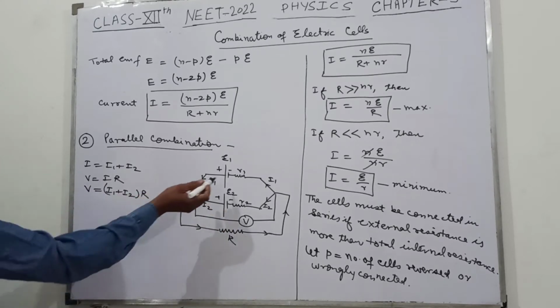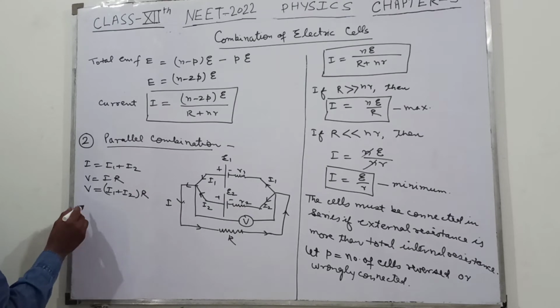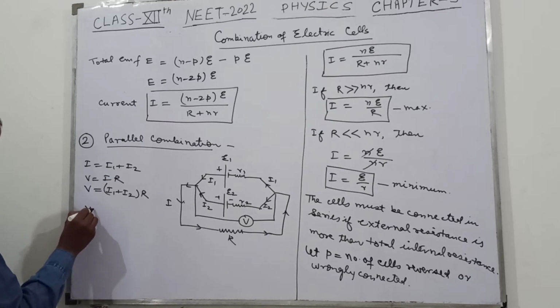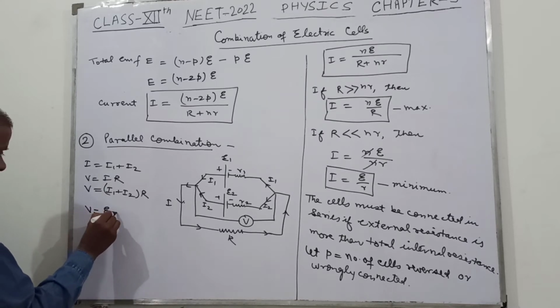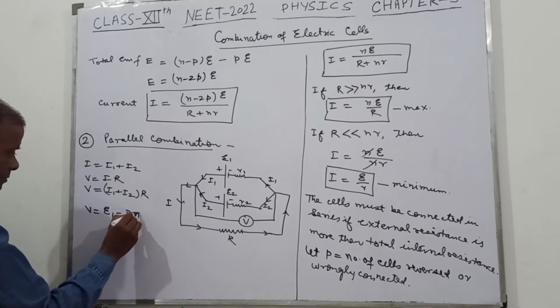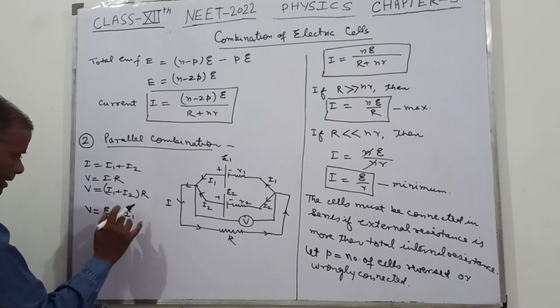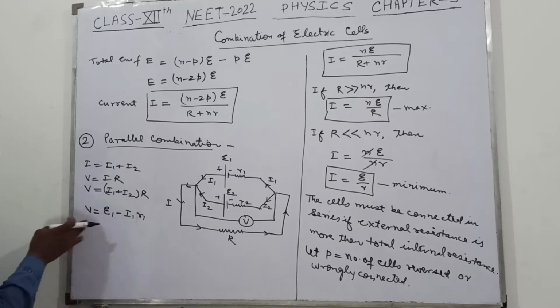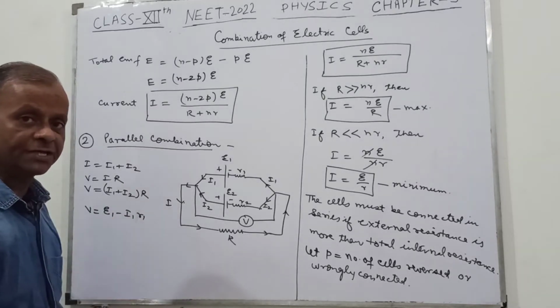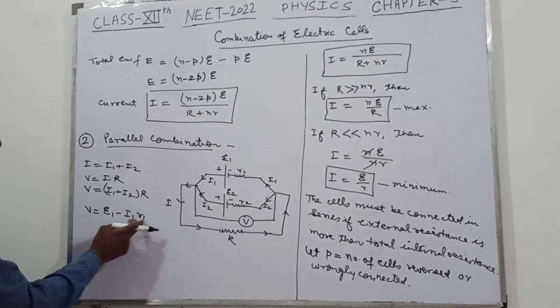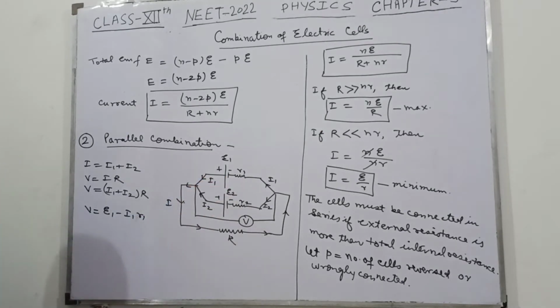And then now this we can have V is equal to E1 minus I1 R1. This we know that V equal to E minus IR. This is the potential drop across this resistance R1, and V is equal to what?